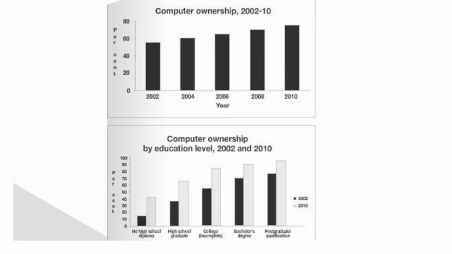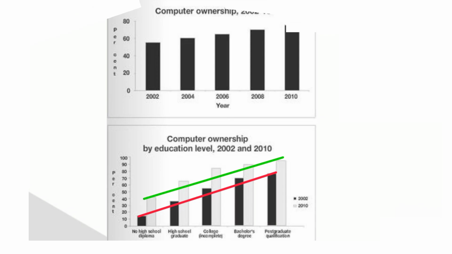In the next graph, level of education is plotted on the x-axis and percentage on the y-axis. There is a key given which tells us that 2002 is represented by black color and 2010 by white color. Let's join the points. We can see that for both years, computer ownership increased as level of education increased.